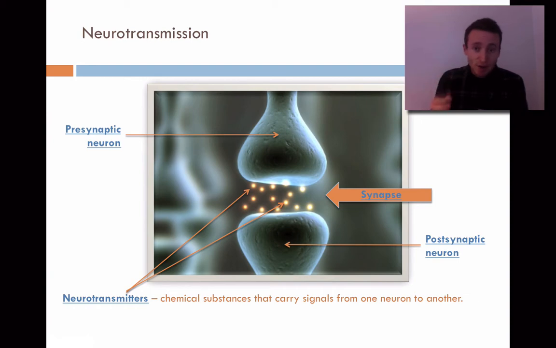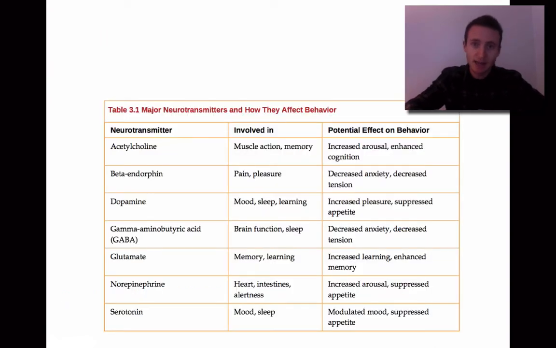And the reason I like to focus on that is because this understanding has helped us with pharmaceutical drugs. So for example, Prozac, which is one of the most commonly prescribed antidepressants, falls under the category of SSRI, which stands for Selective Serotonin Reuptake Inhibitor. So serotonin is a neurotransmitter.